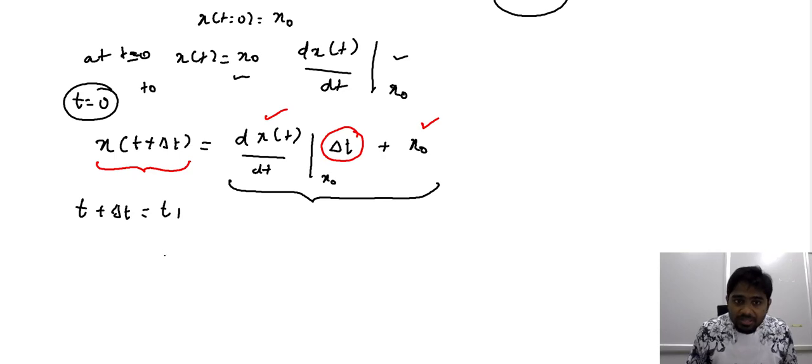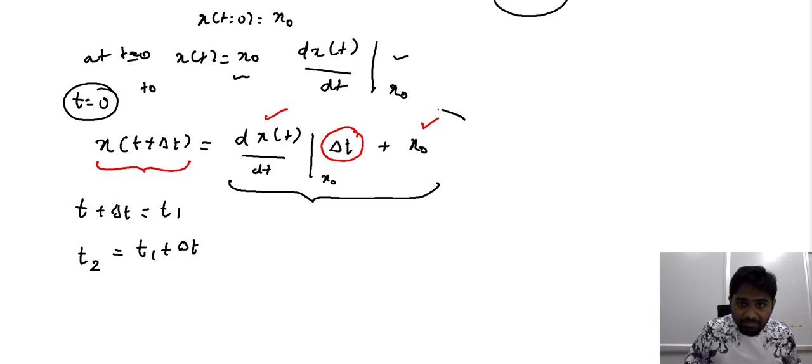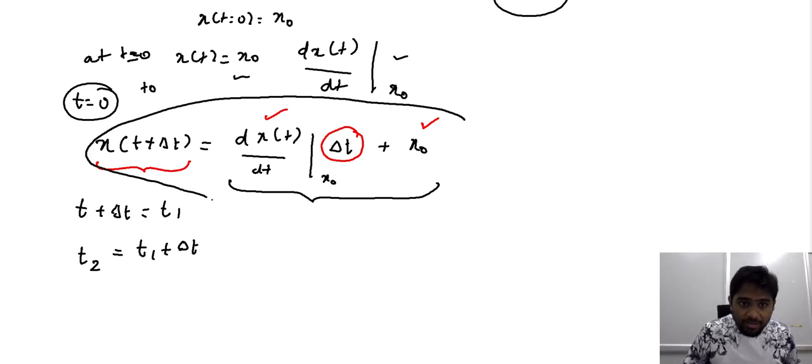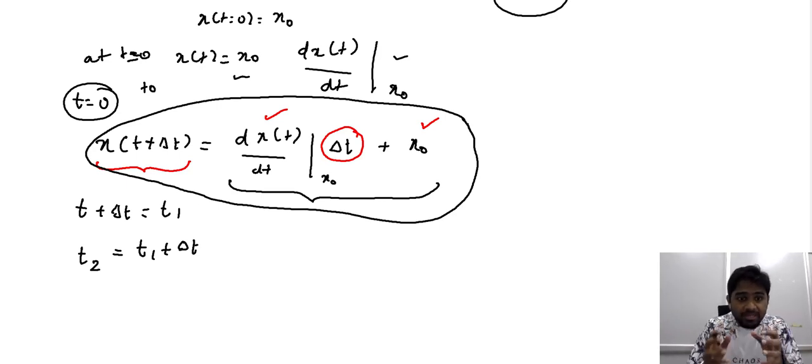Now that we know the number of nuclei present in time step t1, we would be able to use the same approach and estimate the number of nuclei present in time step t2, which would be t1 plus delta t. So we would be adopting the same technique to estimate the number of nuclei in the time step t2.